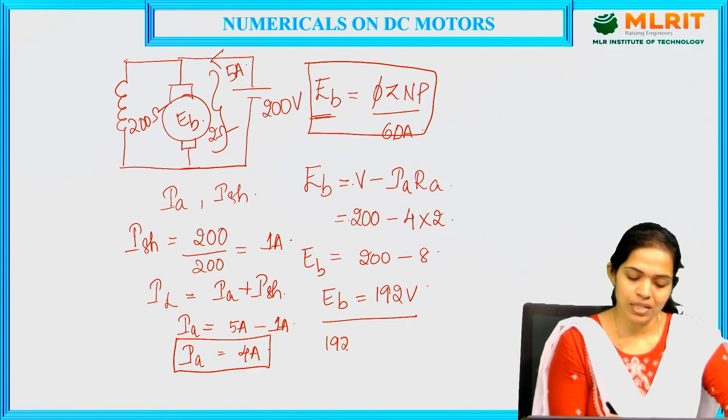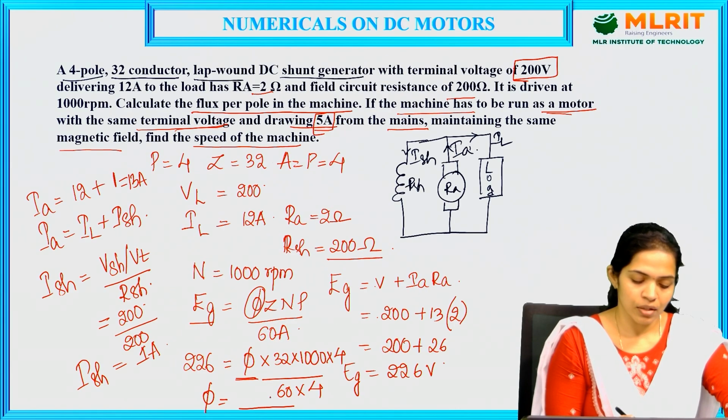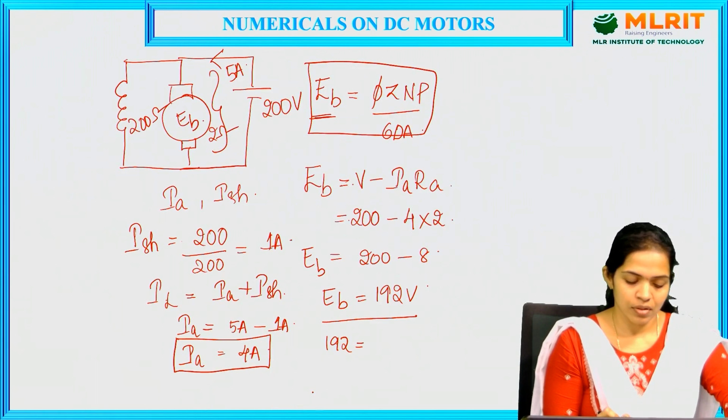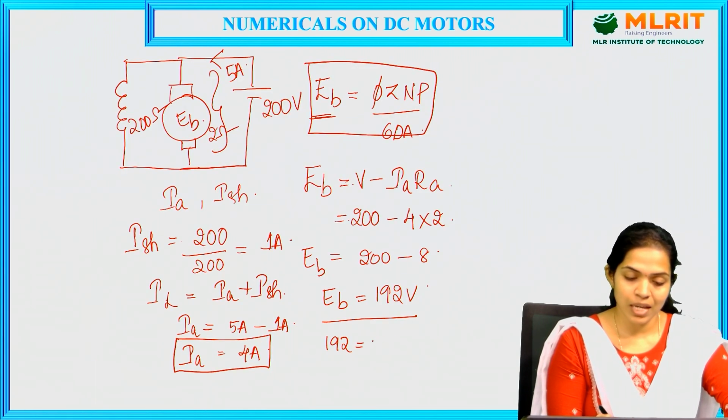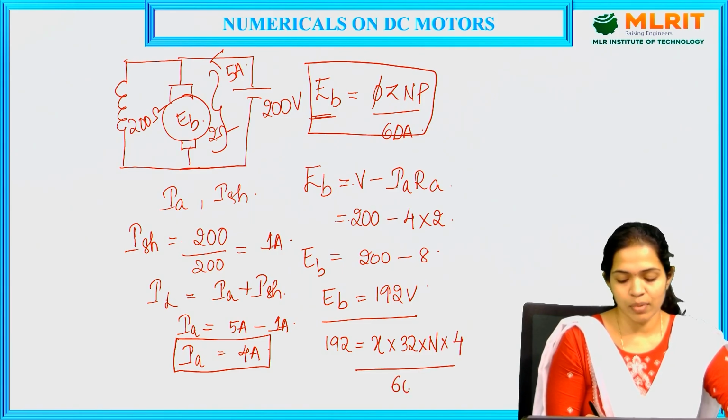As we got the Eb value, substituting this in this particular equation, 192 volts is equal to, with the flux that we calculated in the previous case, assume it as X. Number of conductors is 32. He's asking us to find the speed N. Number of poles is 4, divided by number of parallel paths.